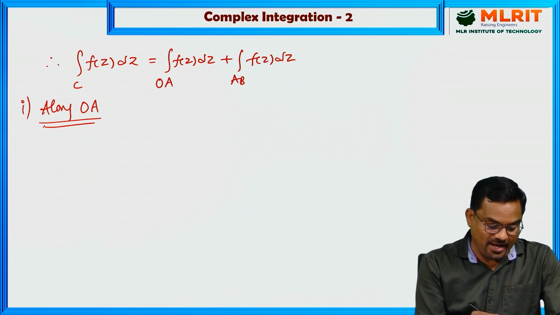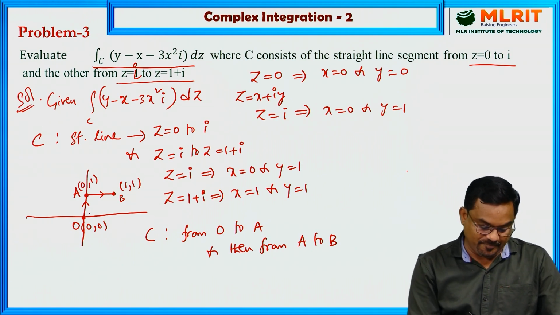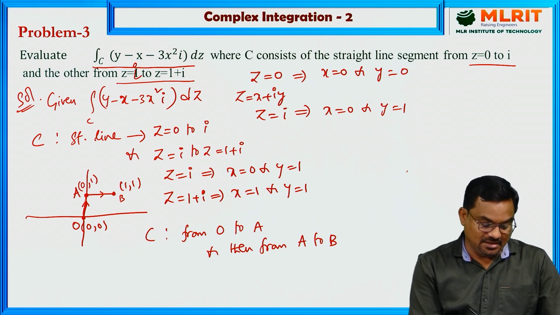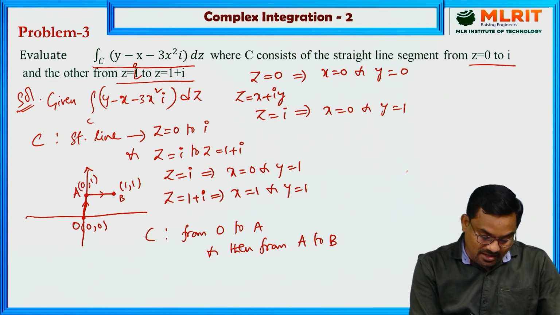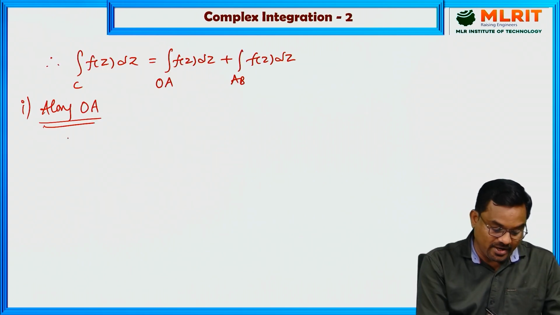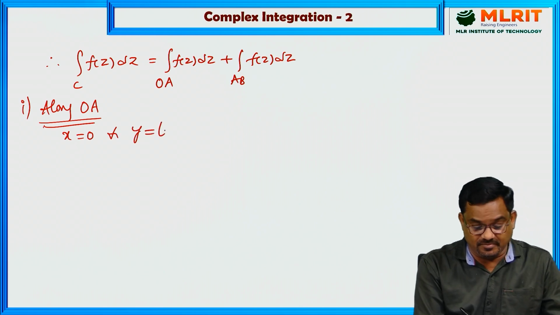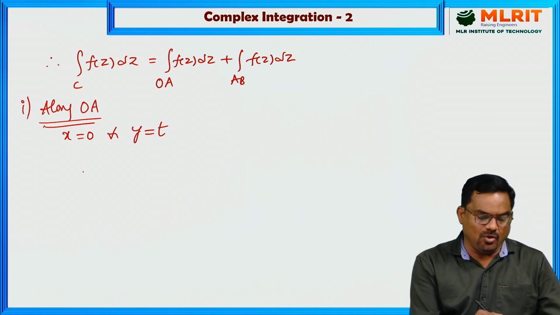First one along OA. So we need to identify the limits according to these lines. Here on this OA, the value of x is fixed, 0, on the y-axis, and here the value of y is 1. So along OA, x is 0 and we need to fix y first, and x is completely 0 on the y-axis.